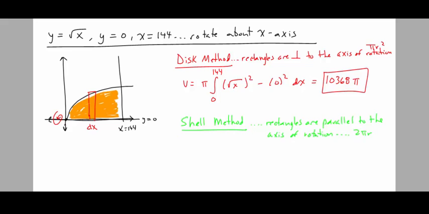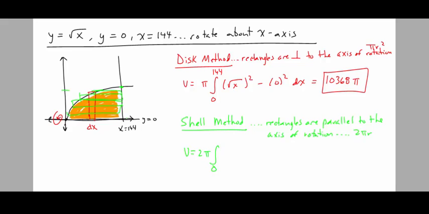If I'm parallel to the axis of rotation, I'm taking these green rectangles and rotating them, because I'm parallel to the axis of rotation, which is y equals 0, or our x-axis. So to get started here, this is going to go 2 pi. Our limits of integration definitely start down here at 0, and they go up to whatever this point is, and we haven't identified that point yet.